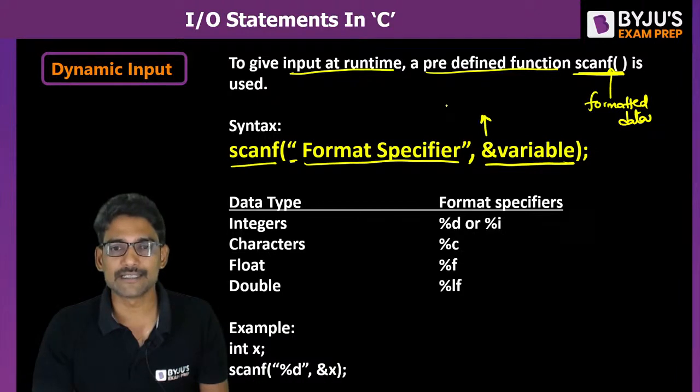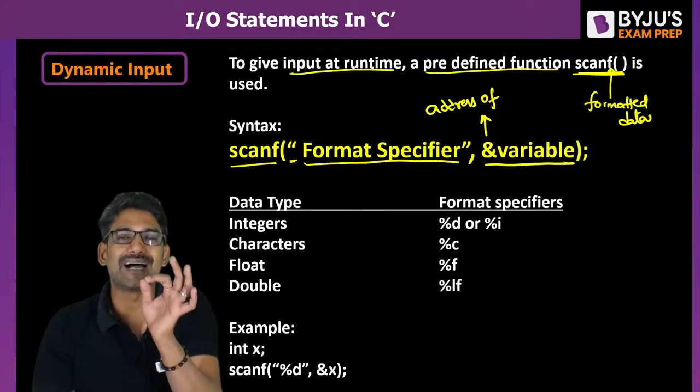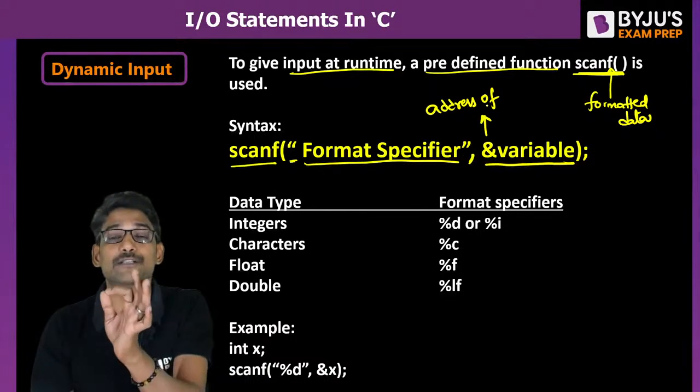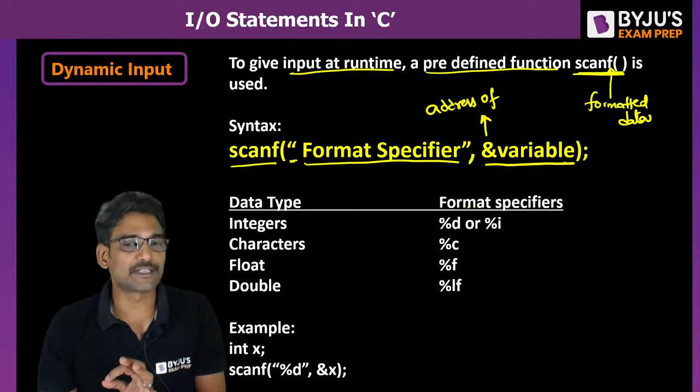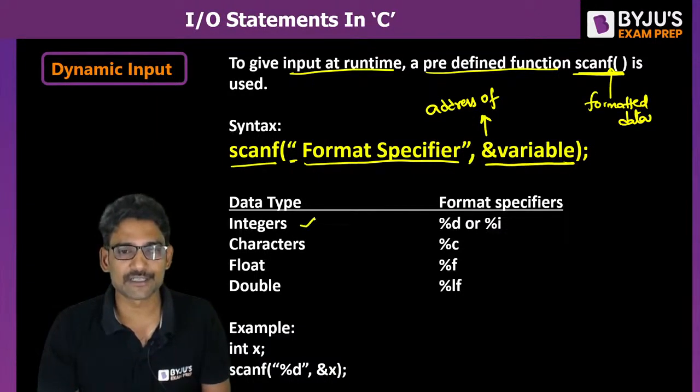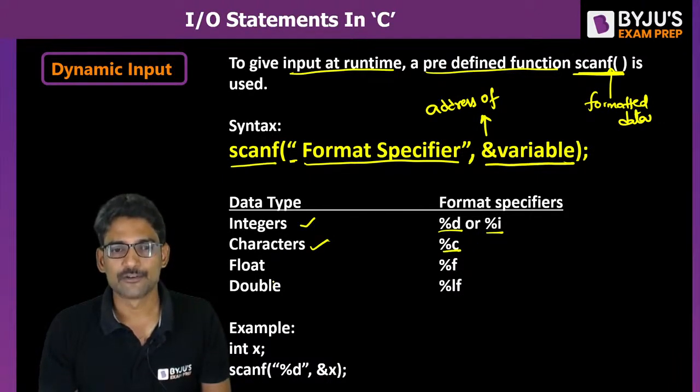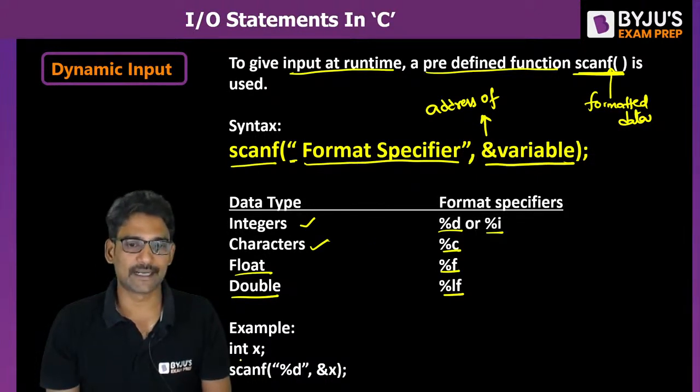Here & indicates address of. So, what format specifier do we use for integers? Either %d or %i. For characters, %c. For float, %f. For a double, %lf.